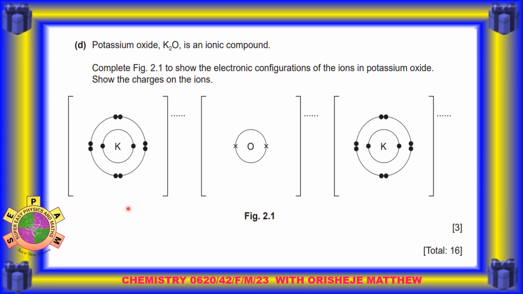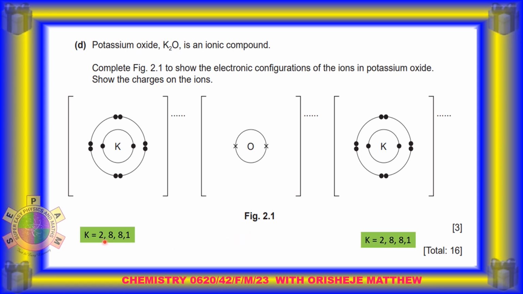So if you look up your periodic table again, you see that potassium has 19 electrons. So the electronic configuration is 2,8,8,1. So it has 4 shells, so it's a period 4 element.